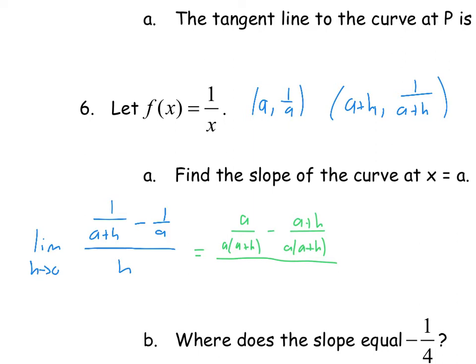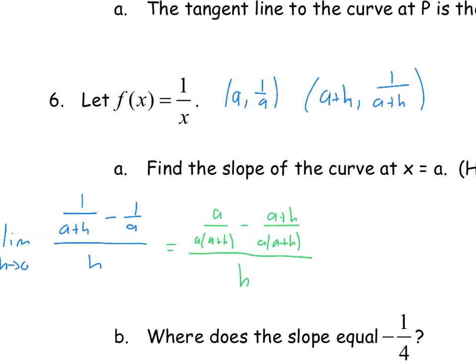Be careful with distributing your negative sign here in the numerator. This negative sign right here needs to be minus a minus h in the end. So be careful with that. I see a lot of mistakes over time with that algebra.